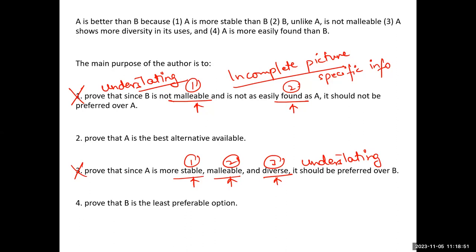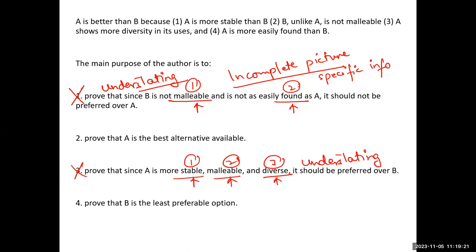So if a movie was talking about the love between two people, but it was not just talking about love, it was also talking about the struggle and the revenge, and you stick to only one of the points, that will be understating the main idea.